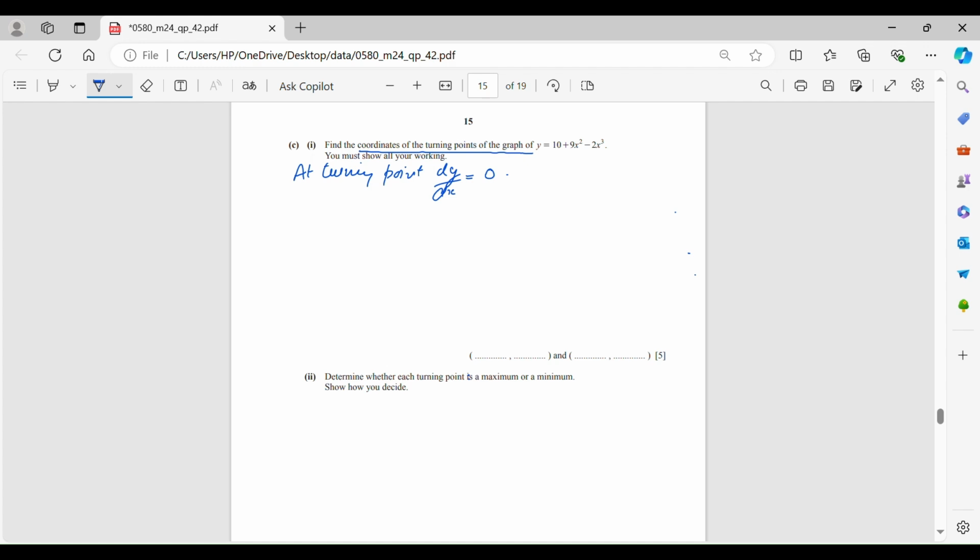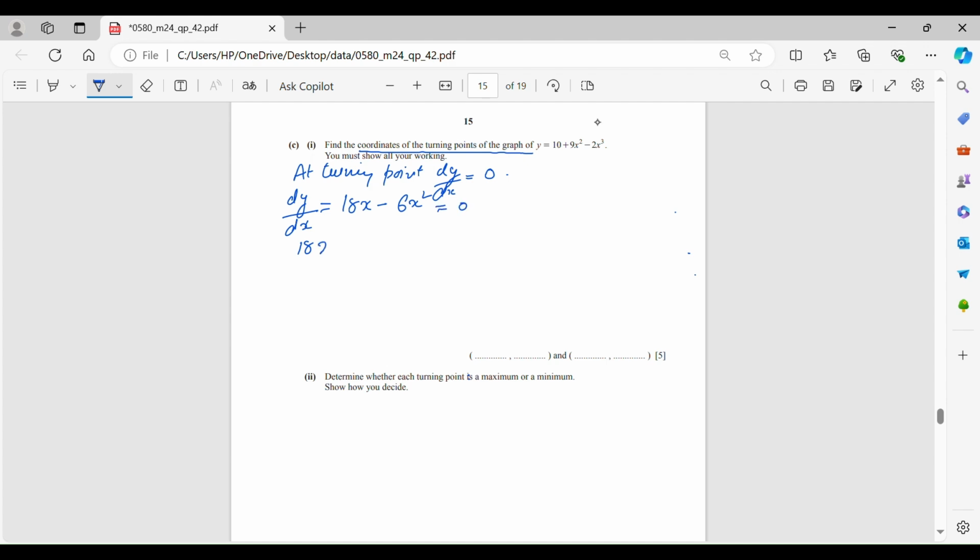So first we need to find dy by dx. Dy by dx will be equal to 9 into 2, which is 18x, minus 2 into 3, which is 6x square.